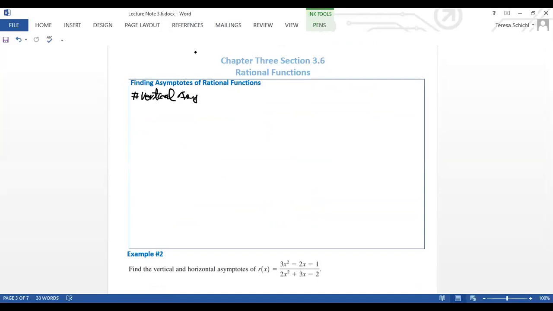So the vertical asymptote is all the x values which make the denominator equal to 0, all right? All right, so now, what is the horizontal asymptote?